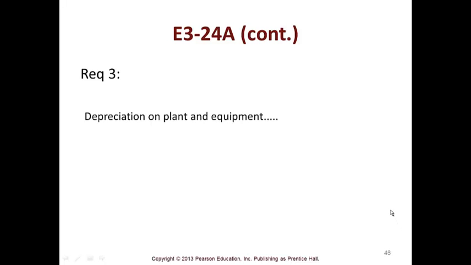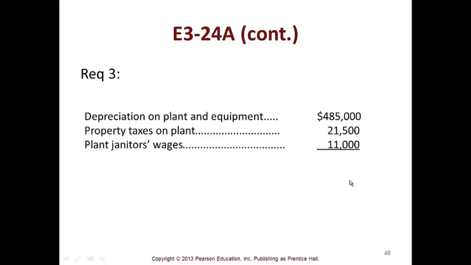Requirement 3 wants you to figure out how much manufacturing overhead was incurred during the year. So you have depreciation on plant and equipment, property taxes on plant, janitor's wages, which gives you total manufacturing overhead. Because remember, manufacturing cost is related to the manufacturing part of what you're doing. And that was $517,500.